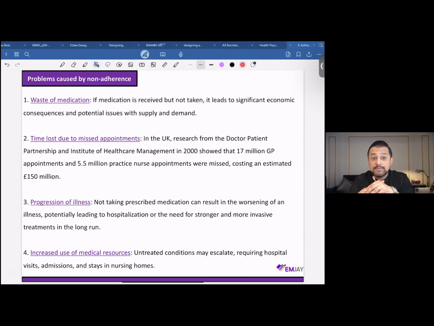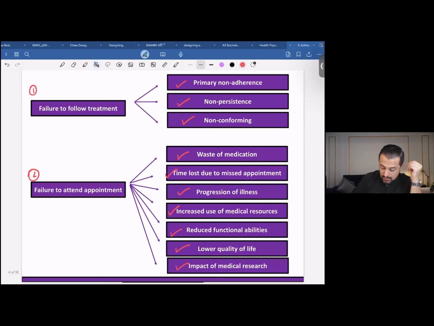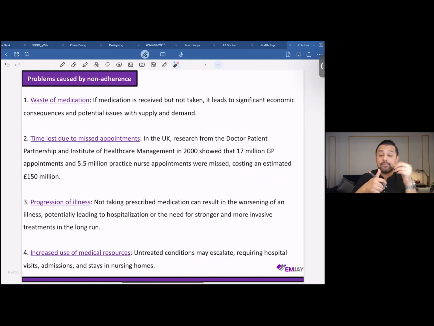Taking this ahead, there are certain problems that have been caused by non-adherence too. I have mentioned all of them on this slide. These are the problems that we'll be discussing briefly now. To begin with, wasting medicine. If medication is received but not taken, it leads to significant economic consequences and potential issues with supply and demand.